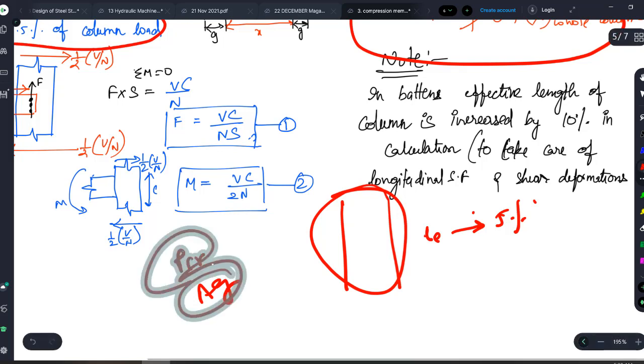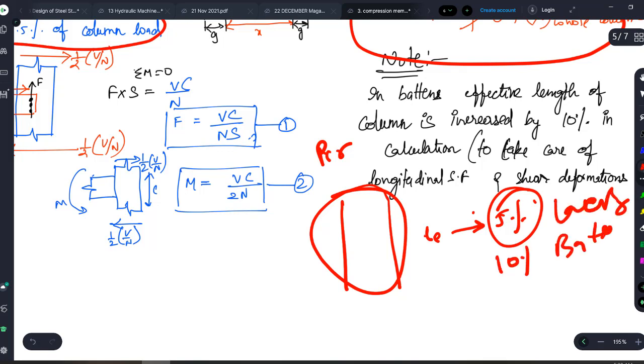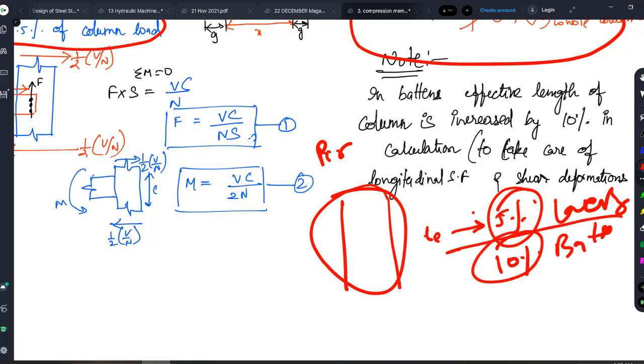The same will happen here also. In case of lacings it is 5%. In case of battens it will be 10%. So that is the major difference between lacings and battens. The effective length I am increasing is 10%.